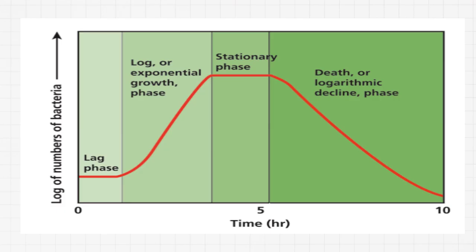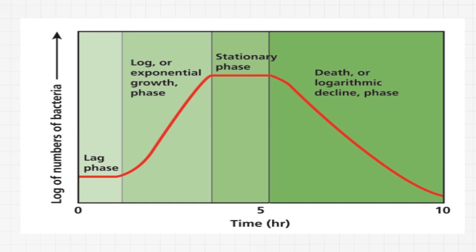This is because the rate of cell division equals the rate of cell death. Cells stop dividing but remain alive. The main reasons include nutrient depletion, oxygen limitation, or accumulation of toxic waste.